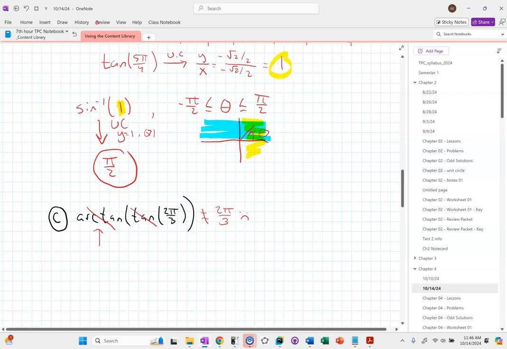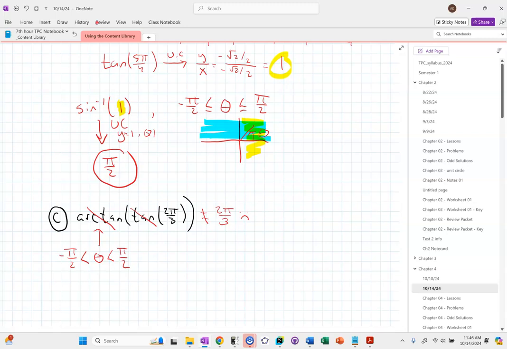Remember that the fundamental range for tangent is negative pi over 2 to positive pi over 2. 2 pi over 3 does not fall in that range. So what are we going to do instead?